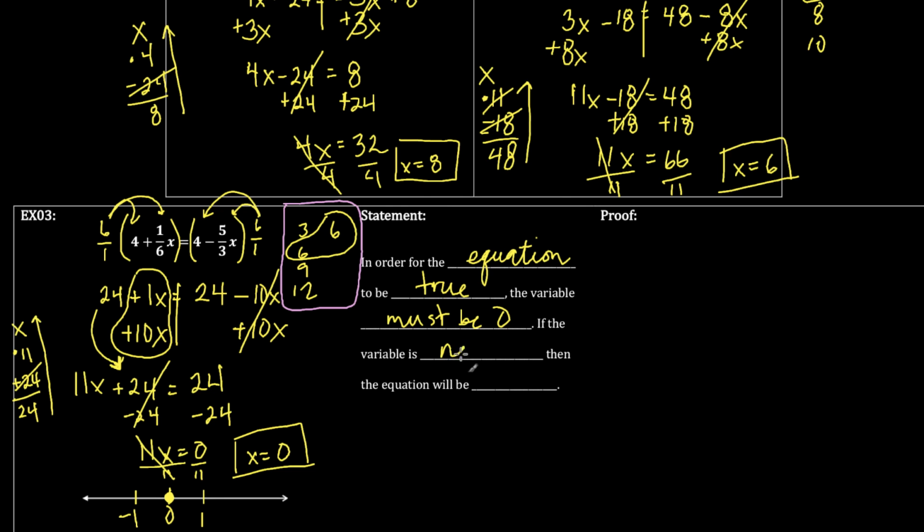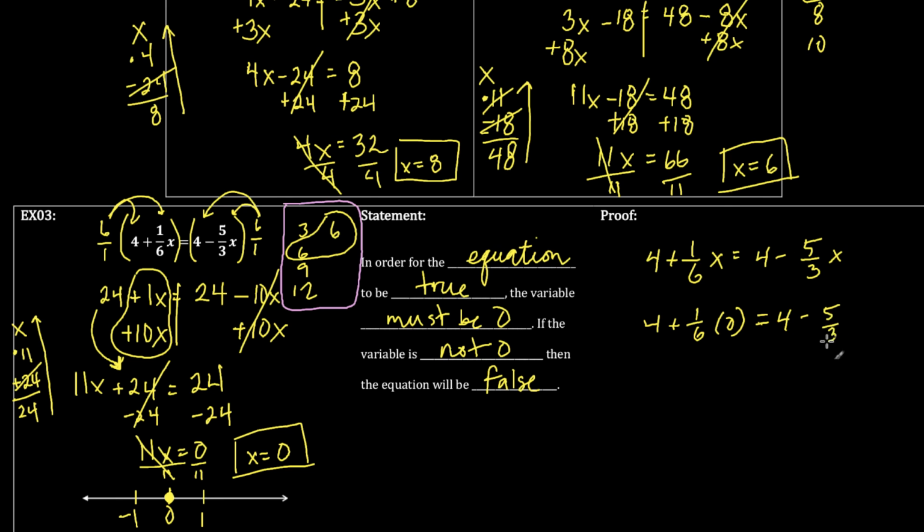If the value is not 0, then the equation will be false. All right. So 4 plus 1 over 6x should equal 4 minus 5 over 3x. Instead of x, I'm going to substitute in 0. Remember, we always do PEMDAS.